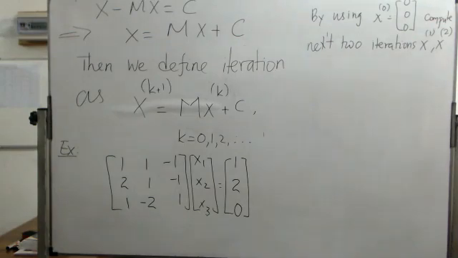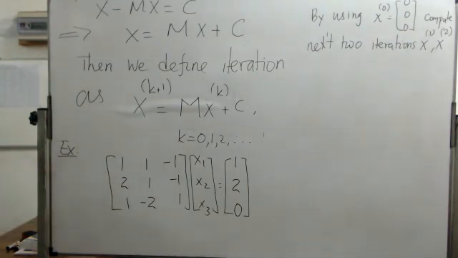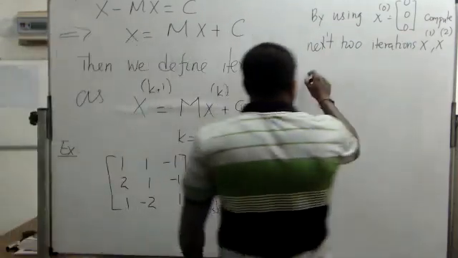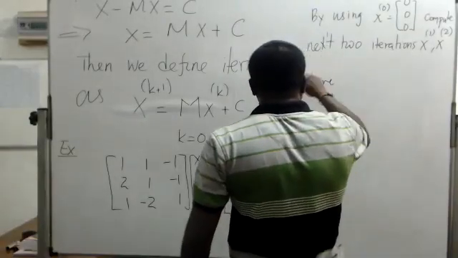So you know that the first step is to find what m and c are. Here, clearly this is your A. You can write A as I minus M. Let me write the solution.